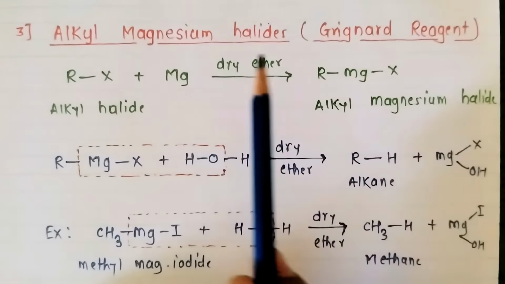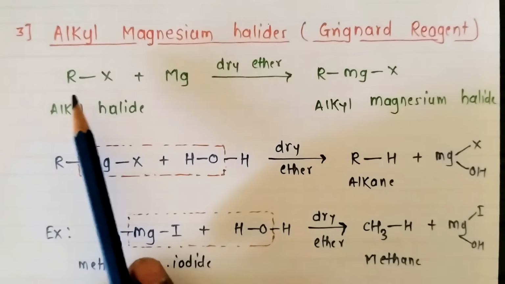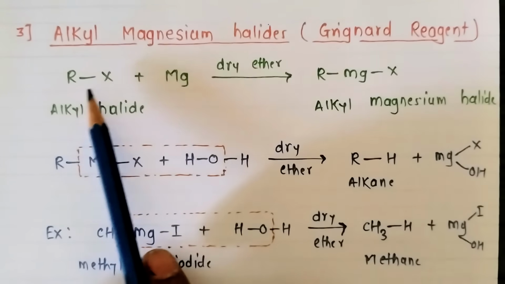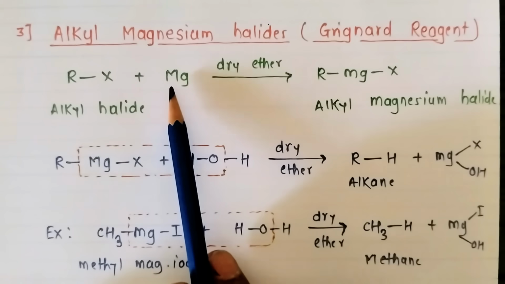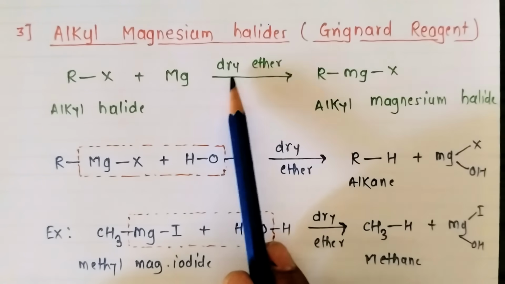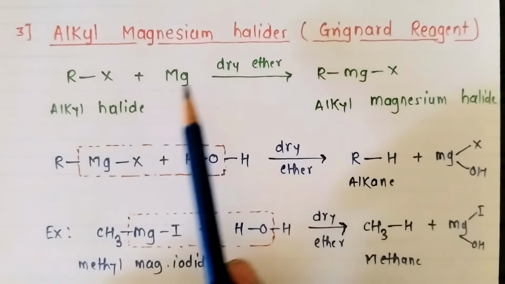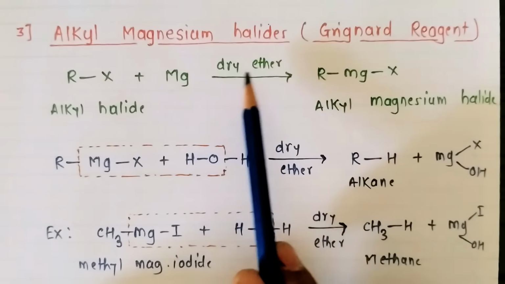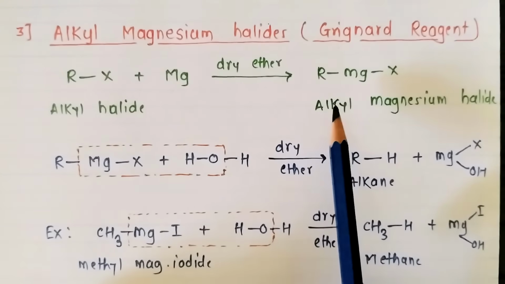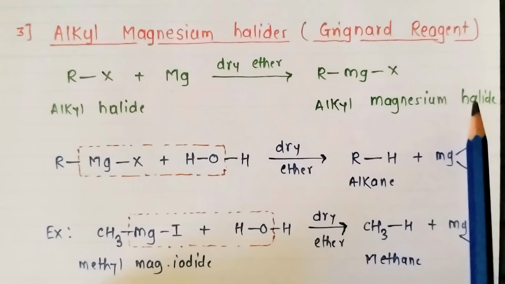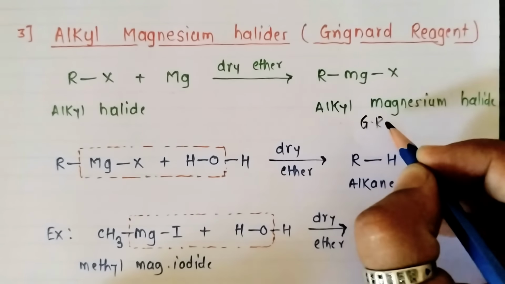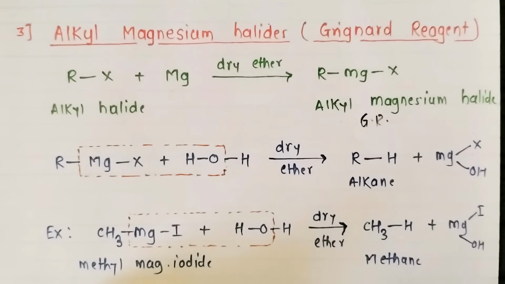Preparation of Grignard reagent: it is formed by reaction of alkyl halide with dry magnesium metal in the presence of dry ether. We get alkyl magnesium halide, which we call a Grignard reagent.